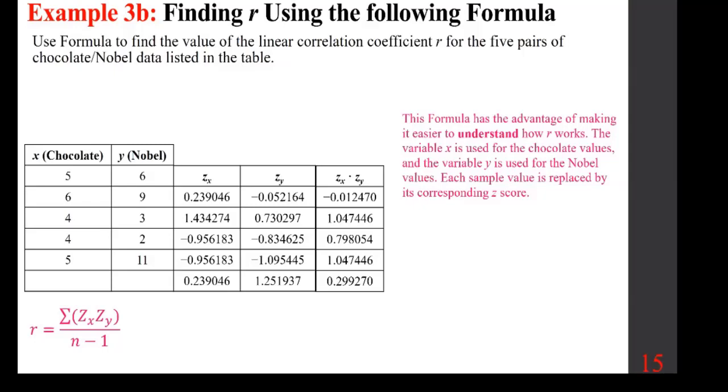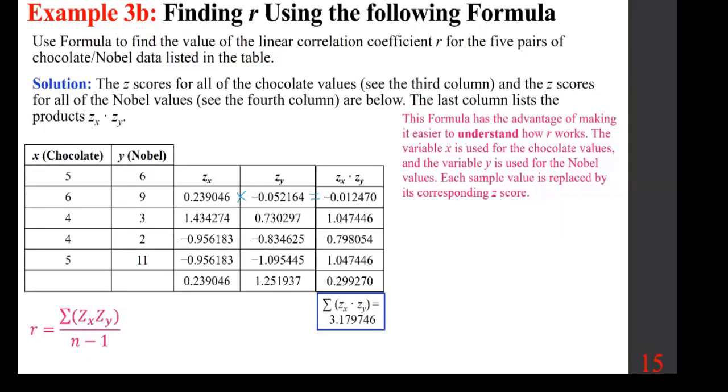So the first one would be 0.239046 times negative 0.052164, giving you negative 0.012470. As an example, this times that equals this. Okay. And now this very last column, add them up. Okay, that's the summation. Add them up. That is your numerator.